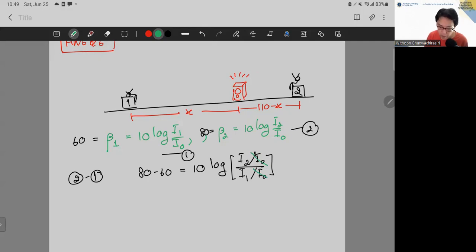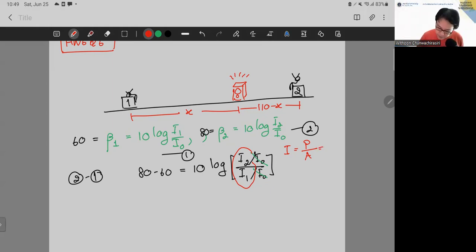Almost done. What you can see now is the ratio between intensities, which is fine. Let's recap: intensity by definition is power per unit area. If there's no particular direction of the sound, we assume the sound from the speaker comes from a point source, so everything goes out in a spherical form.